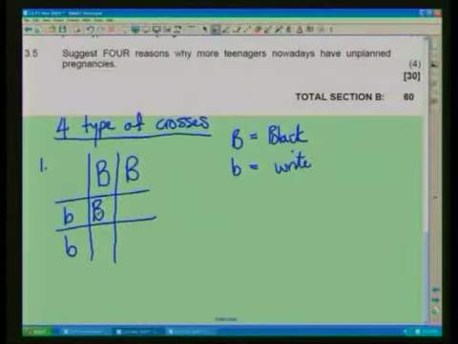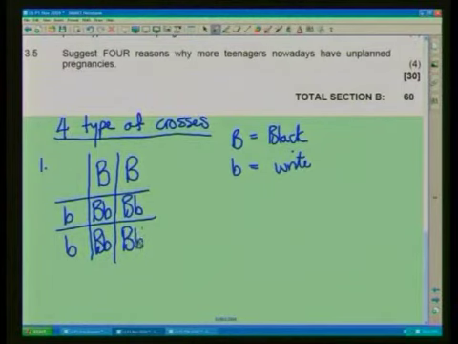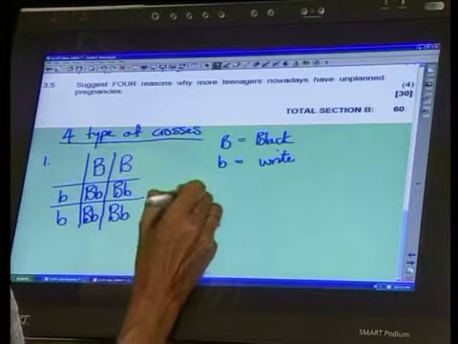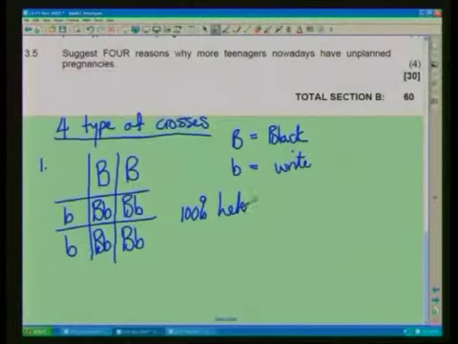So I'm going to end up with capital B, small b, capital B, small b, capital B, small b, and capital B, small b. In other words, I'm going to have 100% heterozygous, capital B, small b. You with me? Yes. Okay, so that's cross number 1.